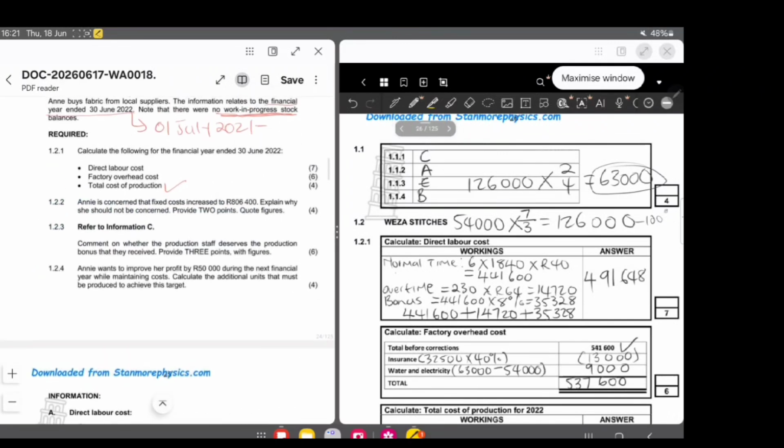So the next question is, you need to calculate the total cost of production. The total cost of production is similar to doing the production cost statement, right? And remember, they said there is no work in progress.